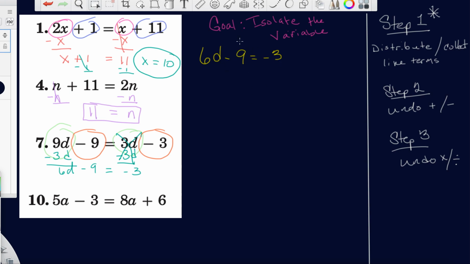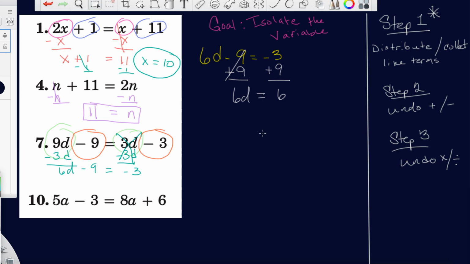Well, I need to get this minus 9 over here. So how am I going to do it? I'm going to undo this subtraction with addition. Minus 9 plus 9 goes away. And if I did it over there, I have to do it over here. Negative 3 plus 9 gives me positive 6.